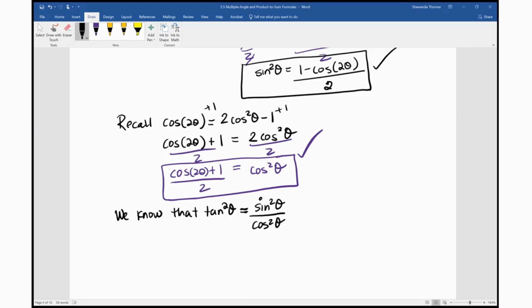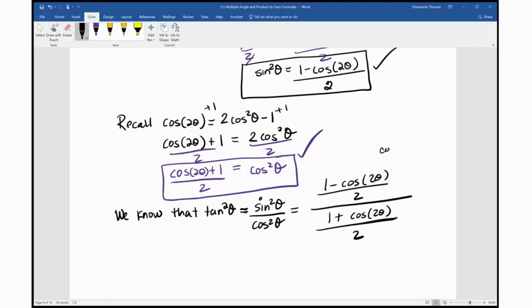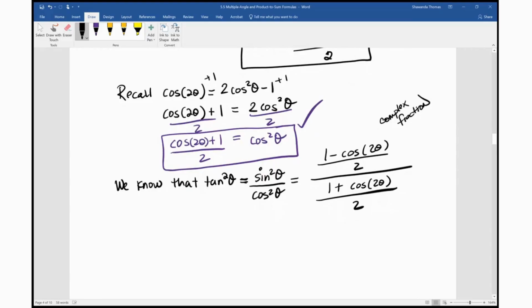All right. So from what we just learned, sine squared theta, if we look up here, sine squared theta is 1 minus cosine 2 theta over 2. And we just learned that cosine squared theta, if we wrote it the other way, is 1 plus cosine 2 theta over 2. So we have a fraction over a fraction. How do you simplify this fraction? This is called a complex fraction. What's the easiest way to simplify this fraction over a fraction?